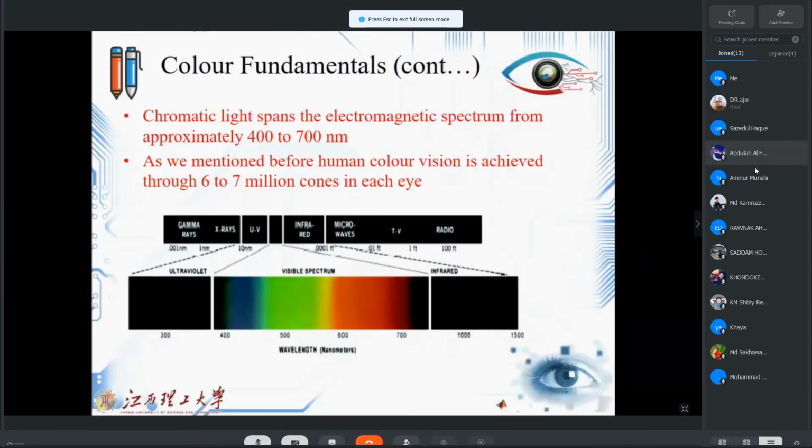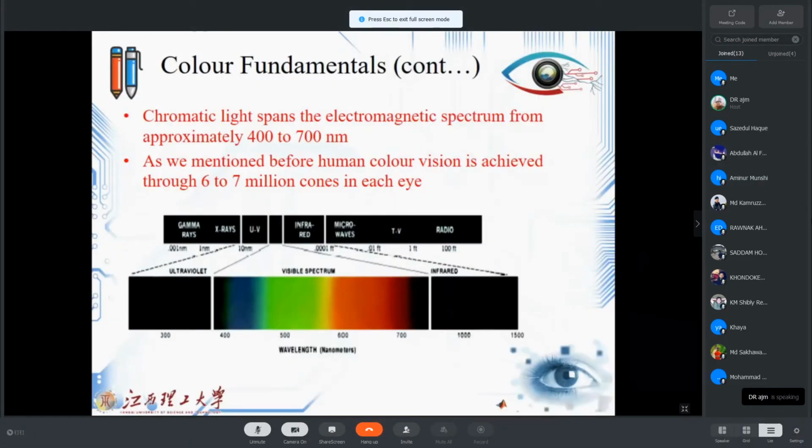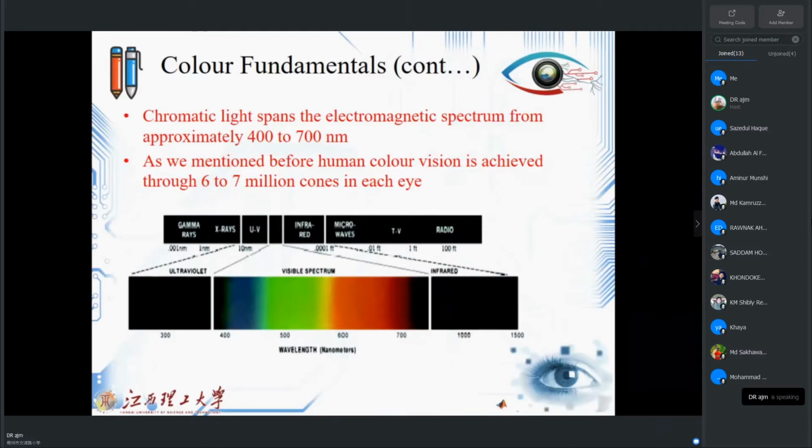What we learned was the principle and working of image processing. Second, we learned something about waves and light. Now, one of the critical things in image processing is color. Why? Because truly speaking, working with color in earlier times was very difficult in image processing.